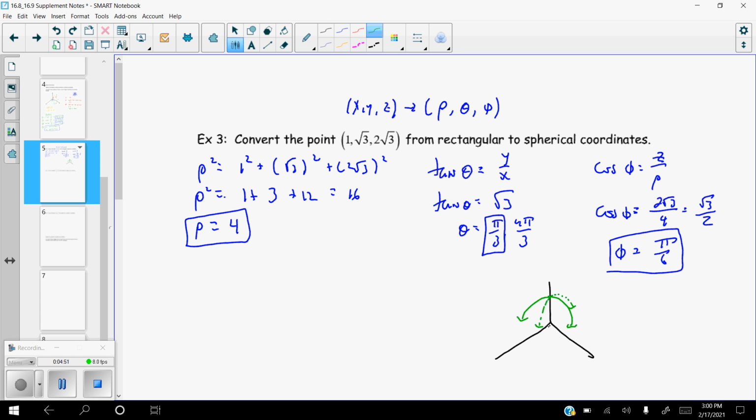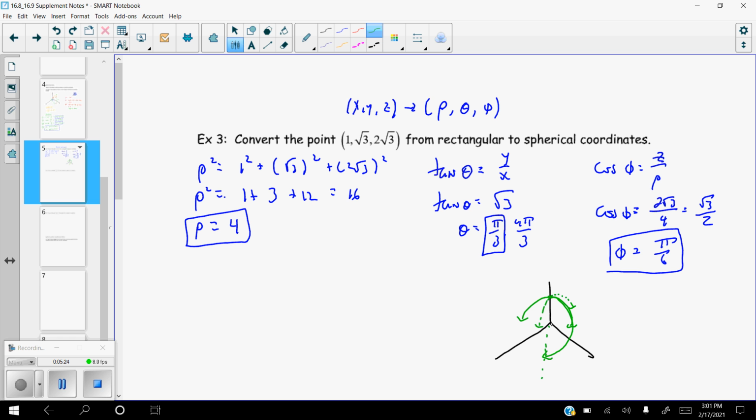The angle phi basically opens up the flower three-dimensionally all the way around. So an angle can only open as far as pi. Once it passes the negative z-axis on the bottom, then it's no longer opening. It's actually starting to close again. So phi can only go from 0 to pi. That's as far as it can go. So in this case, it's pi sixth, so it's only opening up pi sixth.